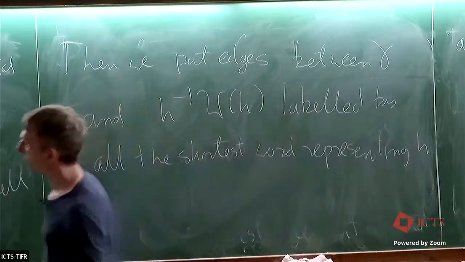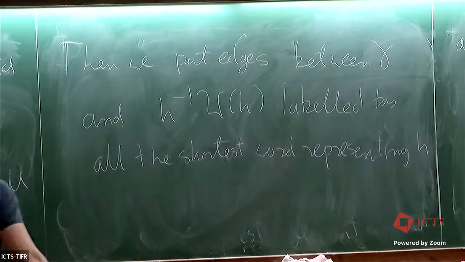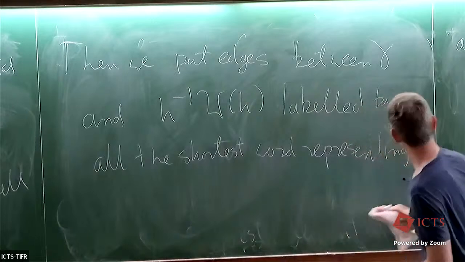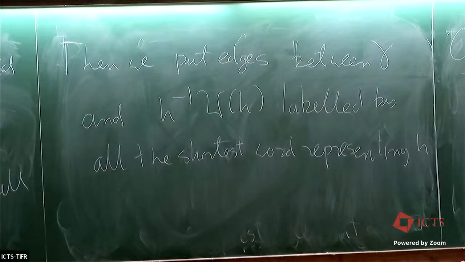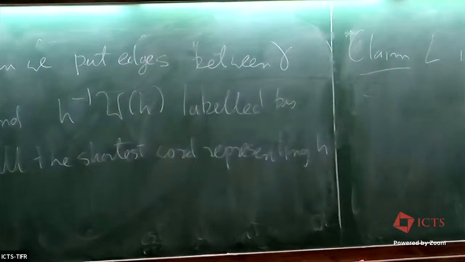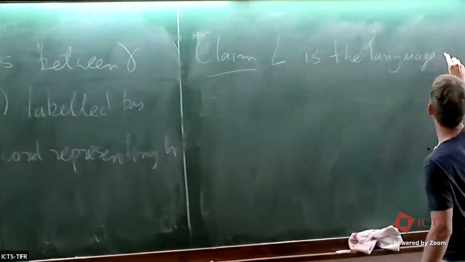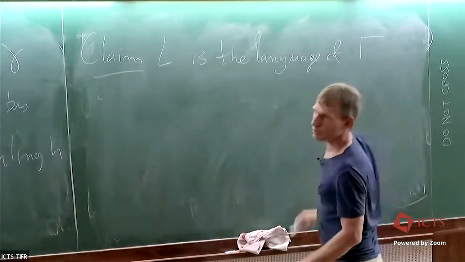Okay, so this might be a bit mysterious, but let me say a few words why this automaton will do the job. So the claim is that L is the language of this automaton gamma.